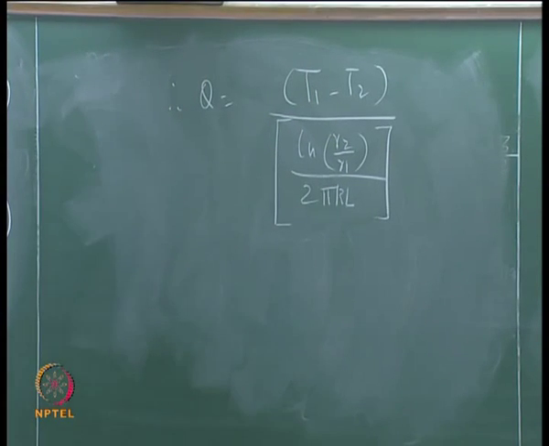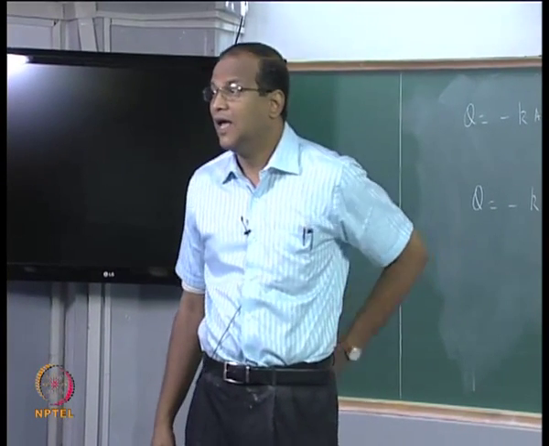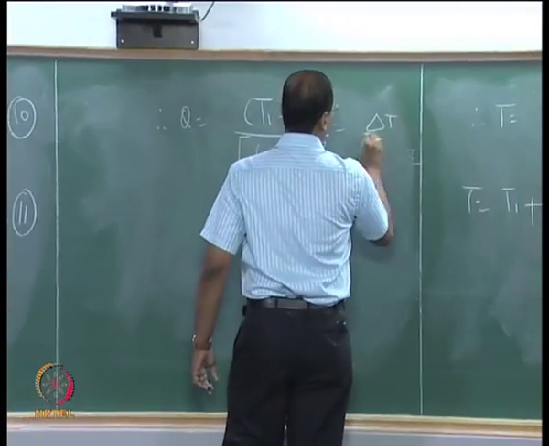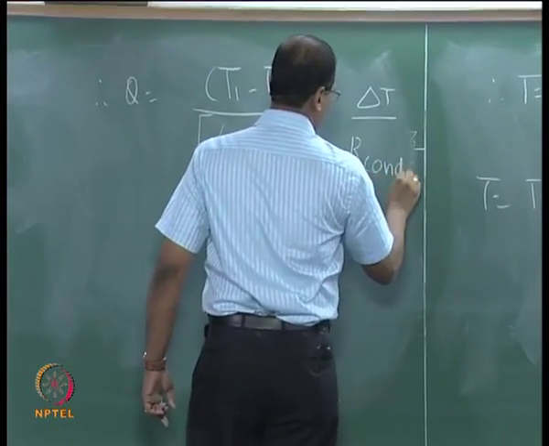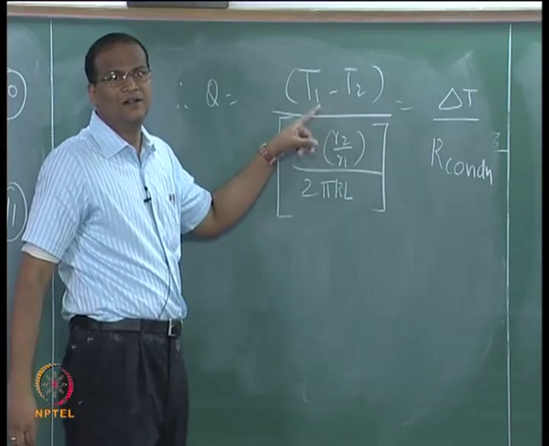Okay, when I say q equal to delta T by something, what is that something? That is the resistance. What is the only resistance which is occurring in this problem? It is the conduction resistance because of finite conduction across the thickness of the tube. That resistance will vanish in the event of the thermal conductivity of the material tending to infinity. So the conduction resistance involves a log of the ratio of the radii.